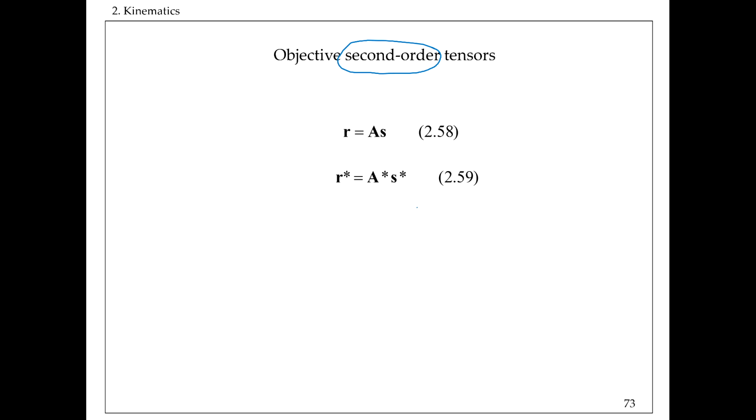Now since we know that R and S are objective, we can use 243, our previous formula for them, and so we can write that R star is equal to QR, and S star is equal to QS.